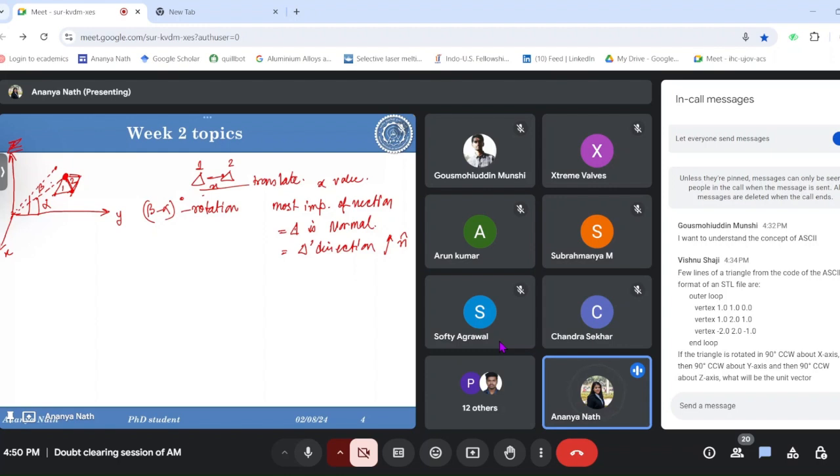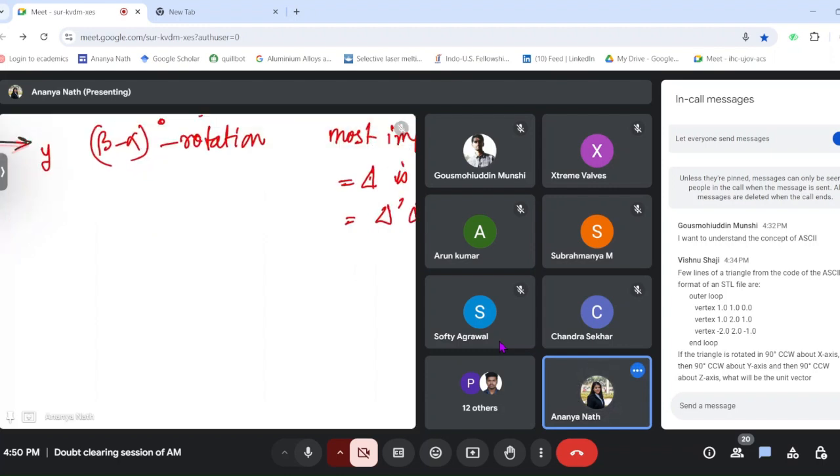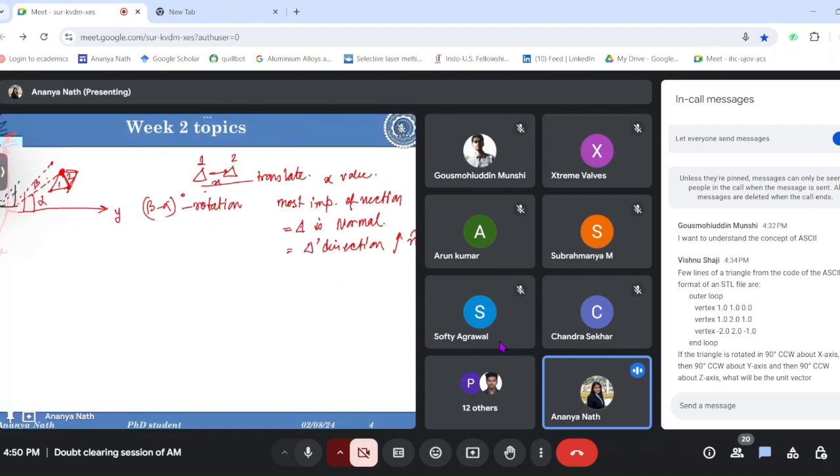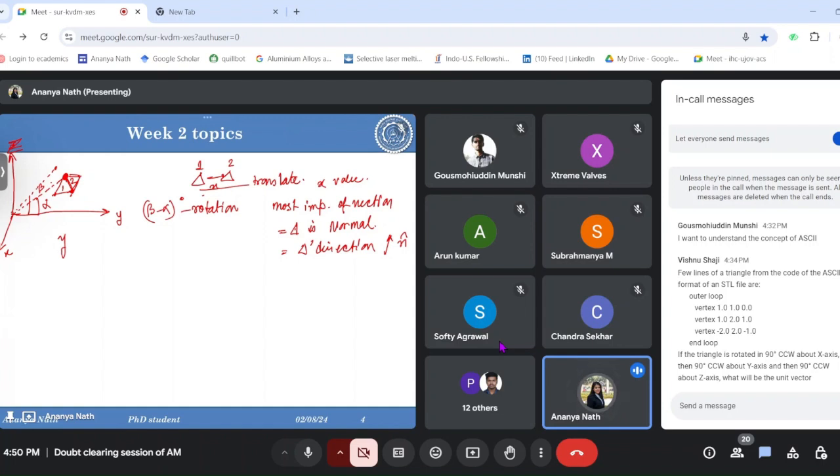So if this is the y axis, this is the z axis, and this is the x axis, then maybe I shouldn't write all the things because you are already having the notes, I think.